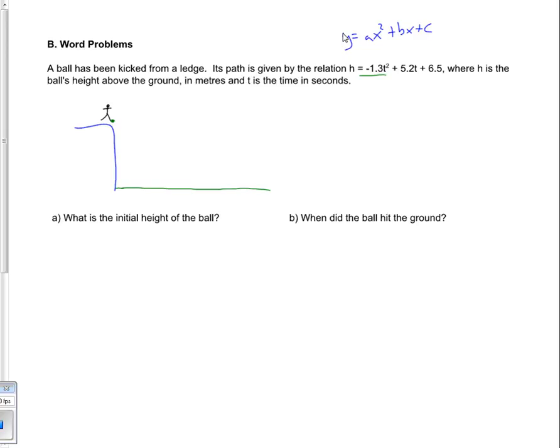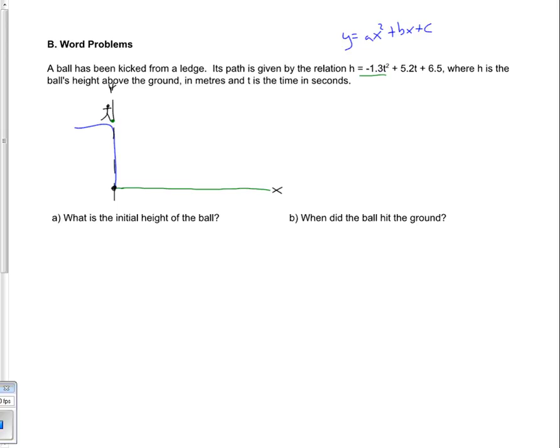So we would say that the ground is actually the x-axis, and the edge of the cliff here is our y-axis. So we could draw this piece all the way through. If we draw in our y-axis, the ball is on our y-axis, and this here would be kind of our origin.